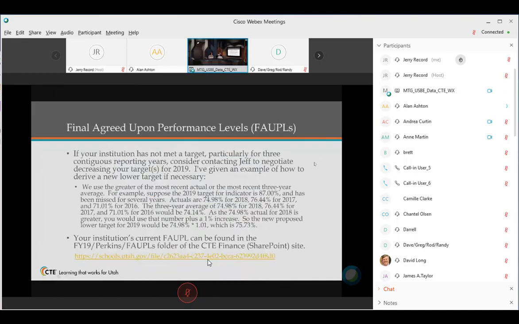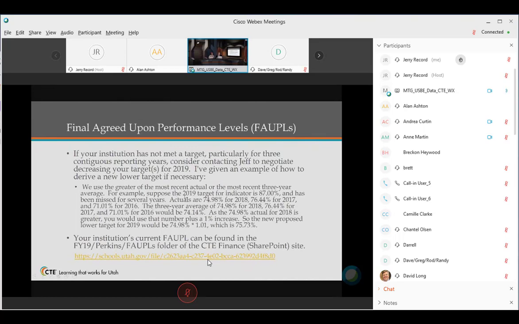This is the formula you would use to determine what your new target would be. It's the greater of the most recent actual or the most recent 3-year average. I've given an example here. This goes out in the FALPL email as well.